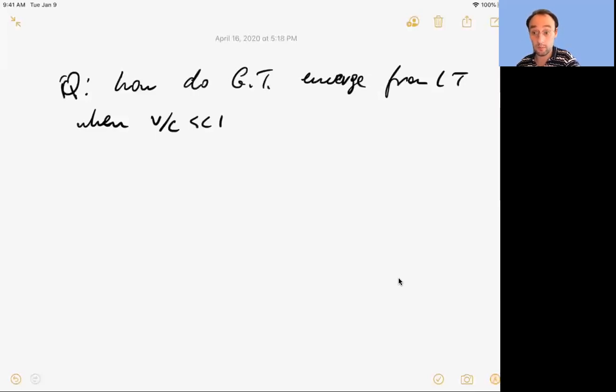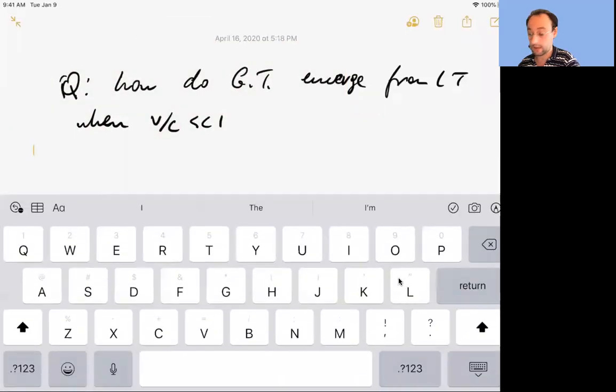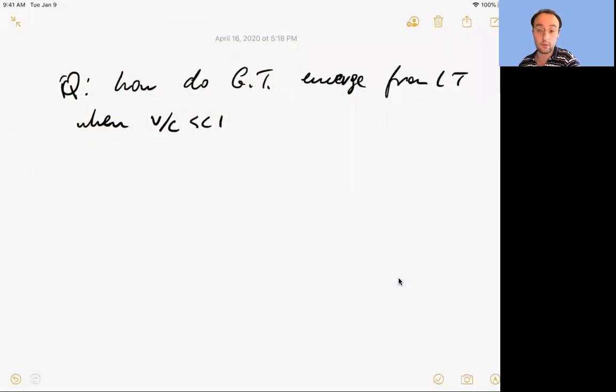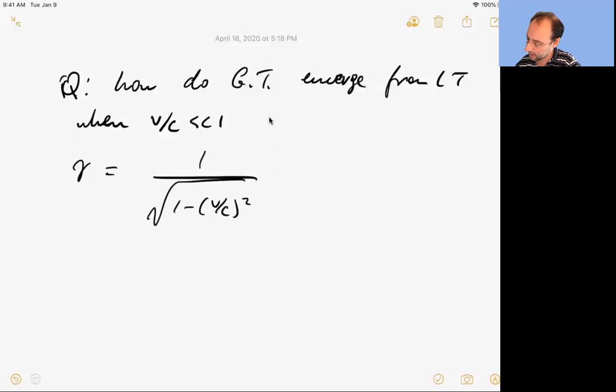V over c can never be bigger than 1, but it can be less than 1, it can be much less than 1. And the idea here is this. So we have this gamma factor that reads 1 minus v over c quantity squared. I can write this a little bit more professionally.